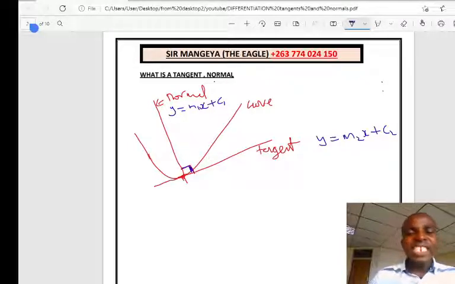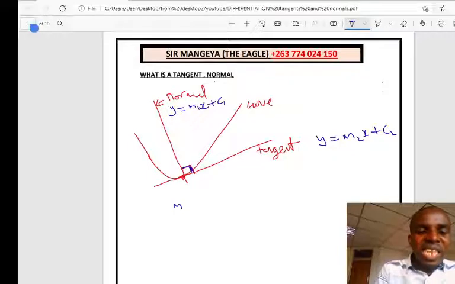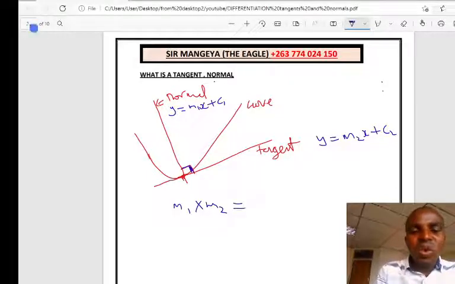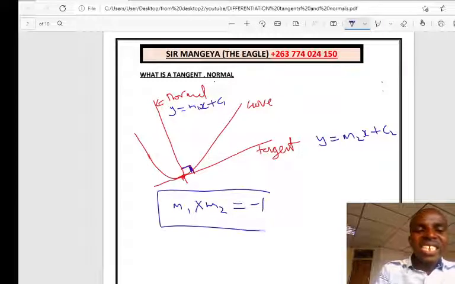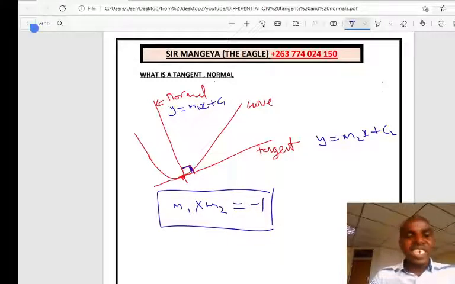Gradient of tangent times gradient of normal is equal to minus 1. That's the relationship between the two, which is m1 times m2 equals minus 1. That simplifies their relationship. It is based on their gradients. Their product of the gradients gives us minus 1.